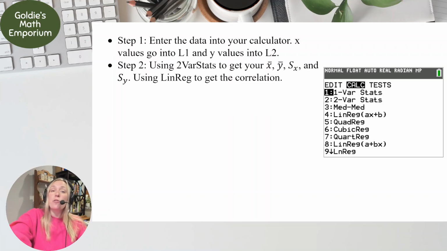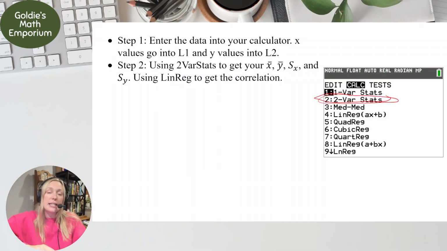Then we actually are going to go to 2-Var Stats, number 2. 2-Var Stats stands for two variable statistics. And you're going to use your x list as L1, and your y list as L2. And then when you run 2-Var Stats, you're going to get your means and your standard deviations that you're going to use in your formula.